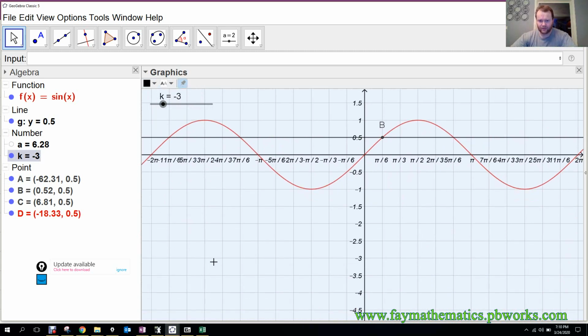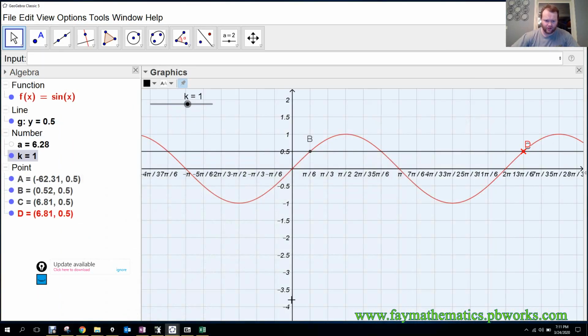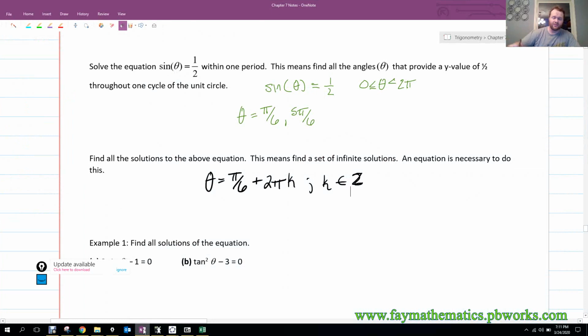Now, you see that when k was 1, we jumped over this solution here. Well, that was the 5 pi over 6 solution. So that one is also going to be found by the infinite solutions. We take theta as 5 pi over 6 plus 2 pi k, where k is an element of the integers.